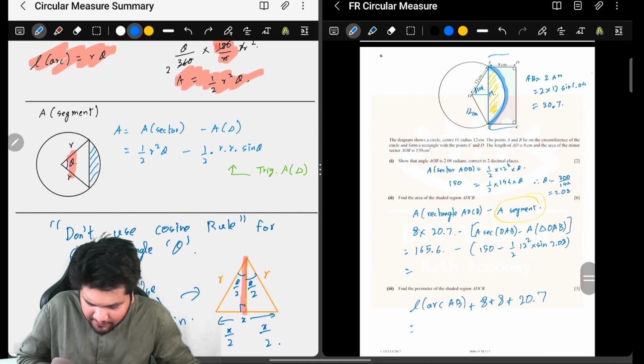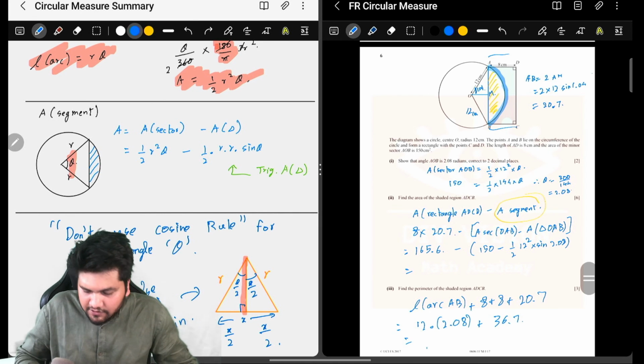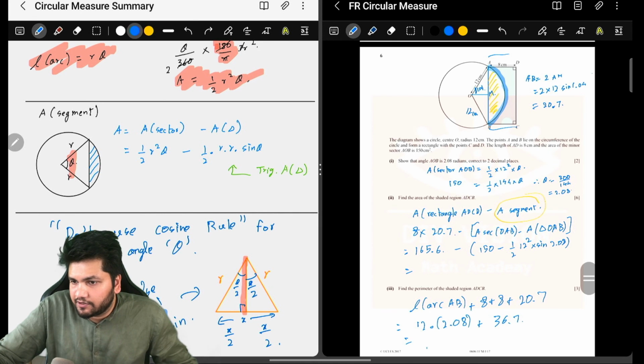It's just going to add it and we'll get the answer. Length of arc, of course, is r theta, which is 12 into 2.08 plus 16 plus 20.7, or 36.7, whatever the value, that's going to be the perimeter of the shaded region. That's all you have in circular measure.